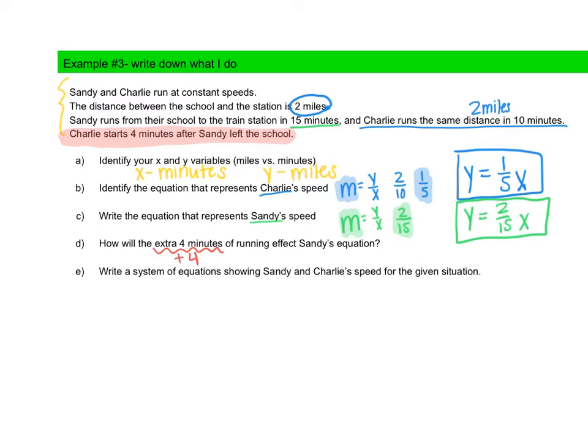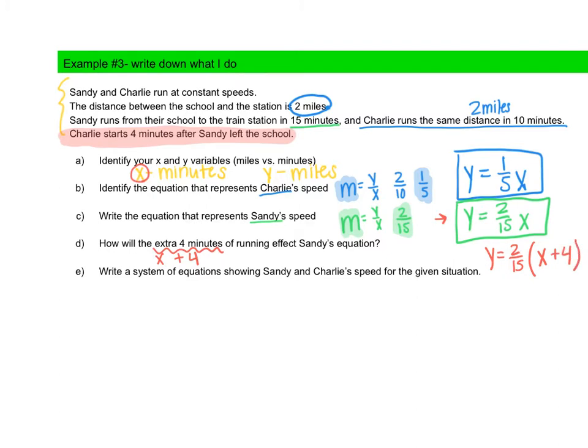So I'm adding 4 minutes. Am I adding that to my x or my y? Well, minutes is my x. So I'm adding 4 to my x. So for Sandy's equation, it is now going to be y equals 2/15. That doesn't change. And then we're taking the x and we're adding 4 minutes.